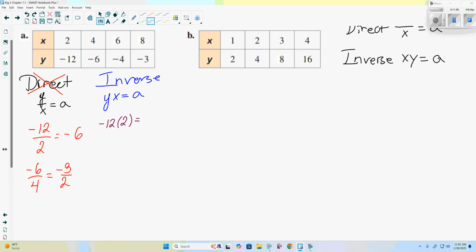But negative 12 times 2 should give us negative 24, we agree. Then we can move to the next one, negative 6 for y, 4 for x. Negative 6 times 4 is going to be negative 24. Negative 4 times 6. And lastly, negative 3 times 8.